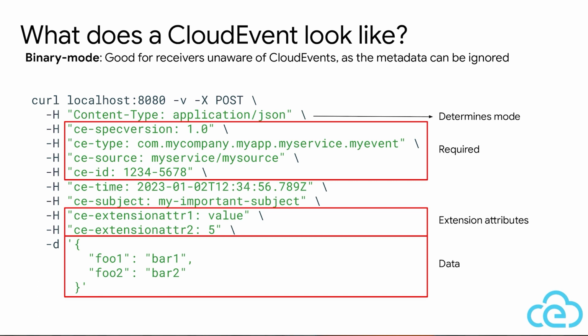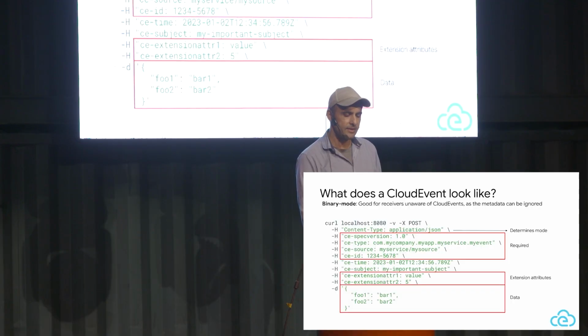So you can have extension header 1 and header 2 with their own values. These are like custom headers that you can add for your own application. And finally, you have the data, the actual data that you want to send in the body of the message, right? So this is custom for every application. And these are the headers that you use to route the event. So that's the binary mode of CloudEvent.